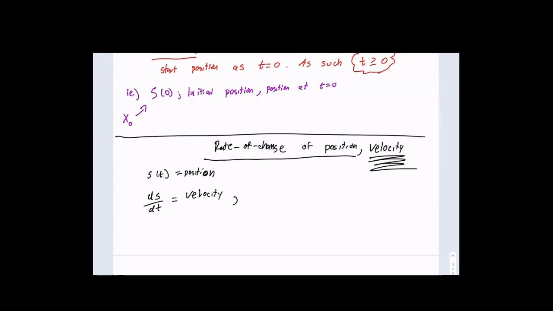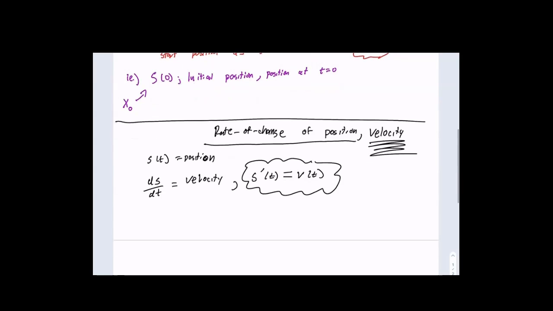It should also be noted that we can use S prime of t, or we can use V of t. It's a very important relationship here that the rate of change, which we also call the derivative, of position is velocity.